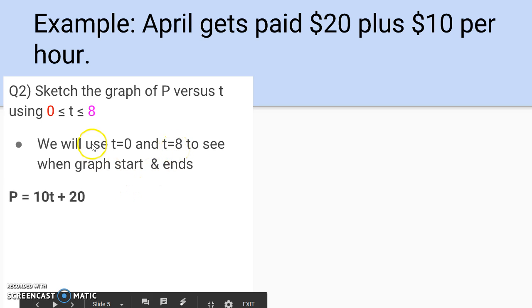What we're going to do is plug these into our given equation. The first starting point is when T equals 0. If T equals 0, then P equals 20. It's also your y-intercept. And let's find another one. When T equals 8, P equals 100, because 10 times 8 gives you 80, and 80 plus 20 gives you 100. That's where the 100 comes from.